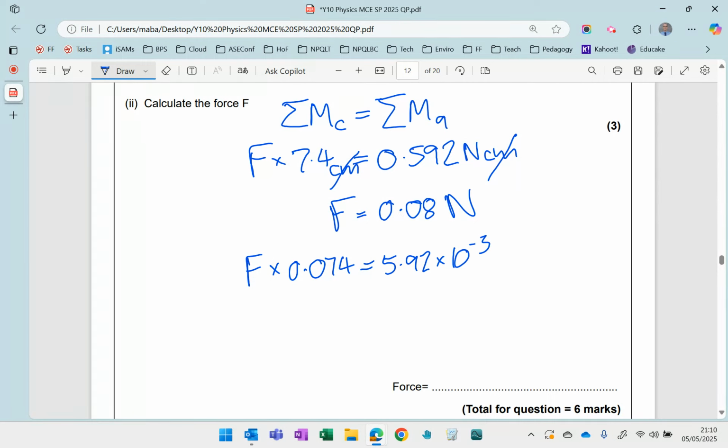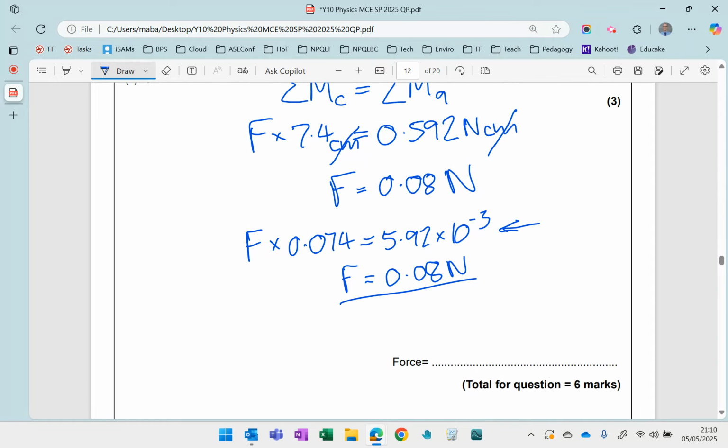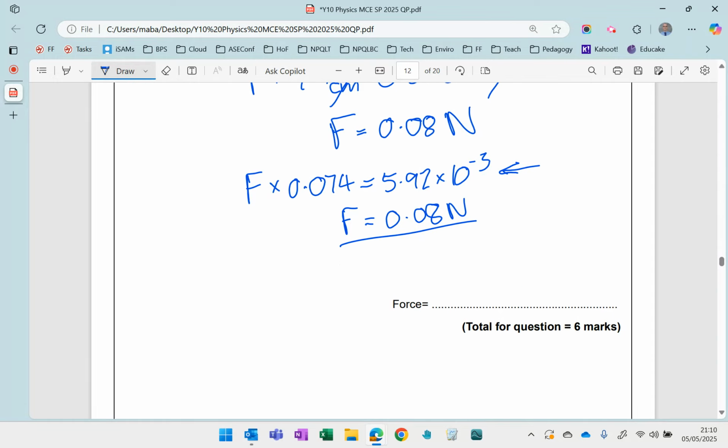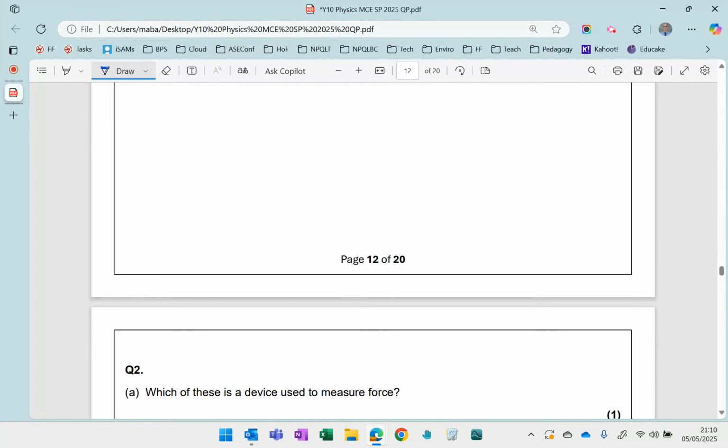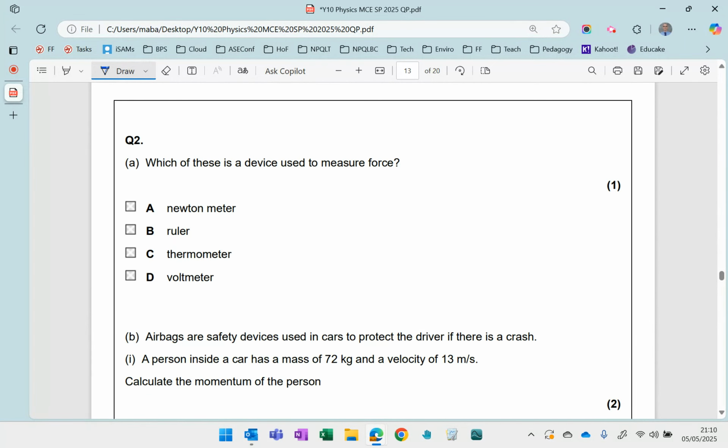Okay, so now the whole thing's in meters, and if you tap that into your calculator, you should see that it gets you exactly the same answer. Okay, so either of those methods is acceptable there. I think my preferred method is to always put it into SI units. Okay, but you do need to be able to handle standard form for that. Okay, so end of question 1.